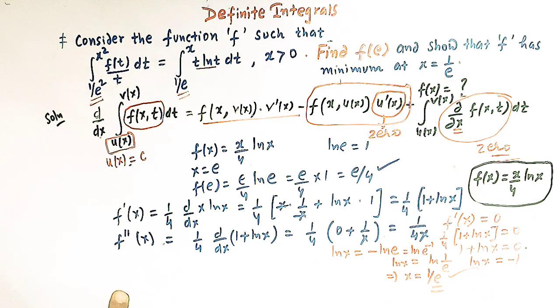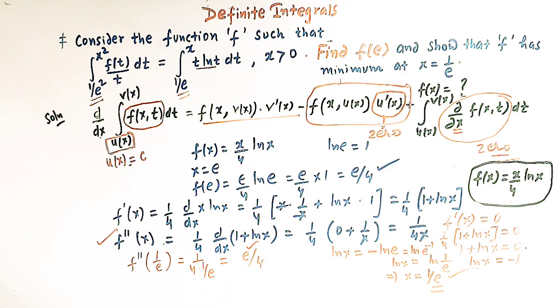So this is our critical point or the turning point, and let us substitute x is equal to 1 over e in the second derivative, that is second order derivative. So we have f double prime of 1 over e is equal to 1 over 4 times 1 over e. So this is e over 4.